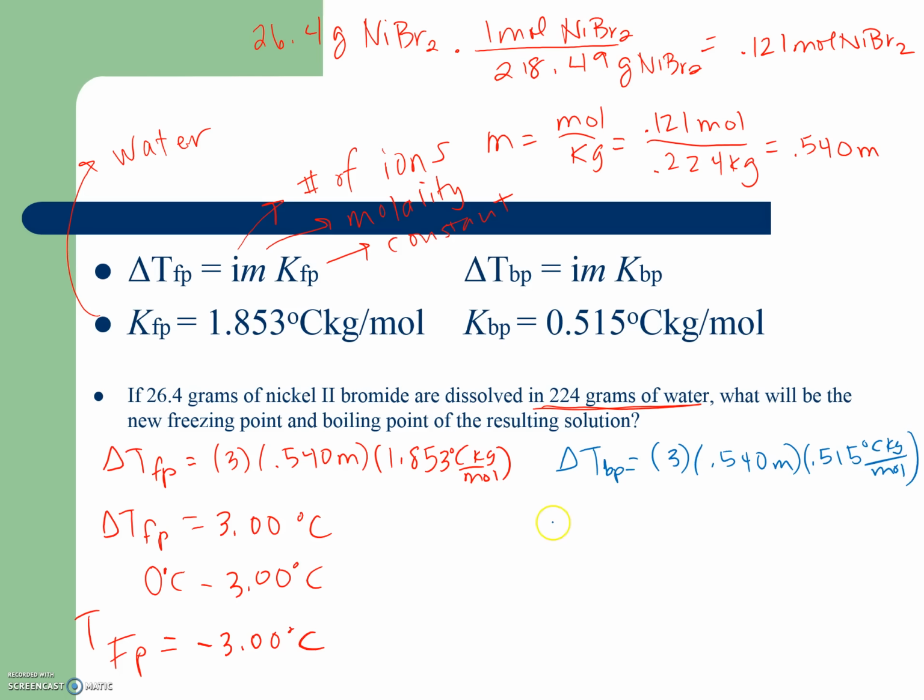I'm going to go ahead and solve for my boiling point. So 3 times 0.540 times 0.515 gives me 0.834 degrees Celsius. That is not my new boiling point. The boiling point is 100 degrees Celsius, so it's an elevation. I need to add that.